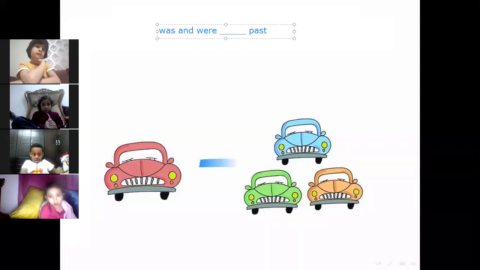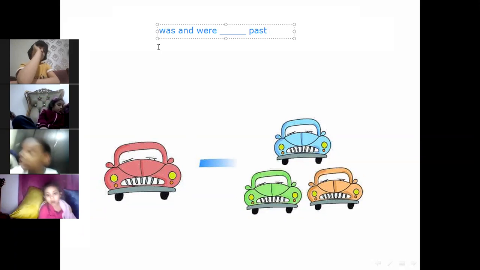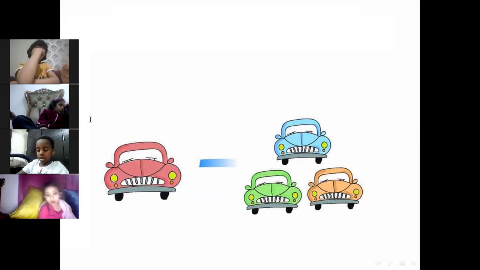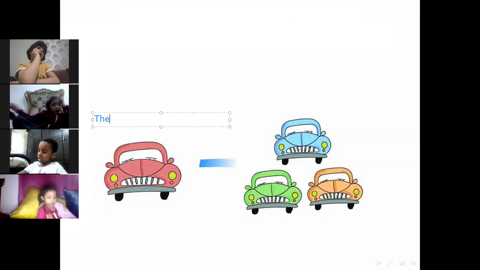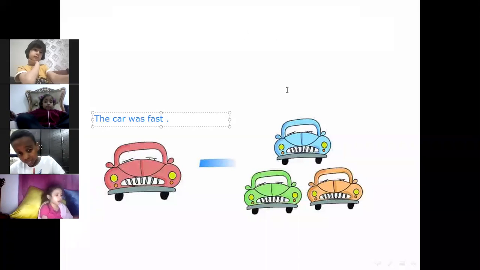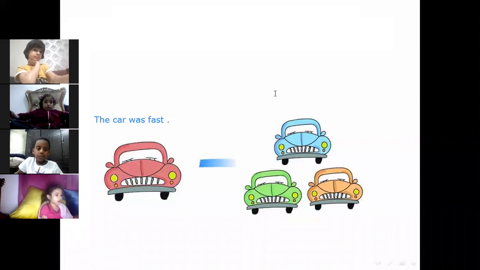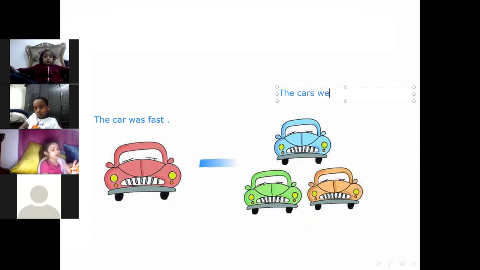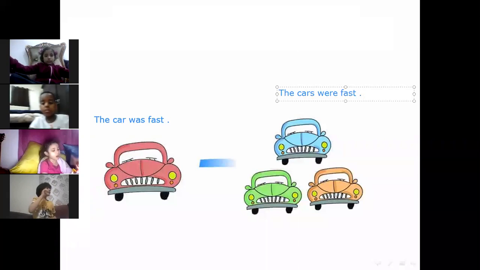What's the meaning of the past? When something happened in the past, it finished. Okay? So, we can say here, the car was fast. If we want to talk about more than one car, the cars were fast, not was, were.